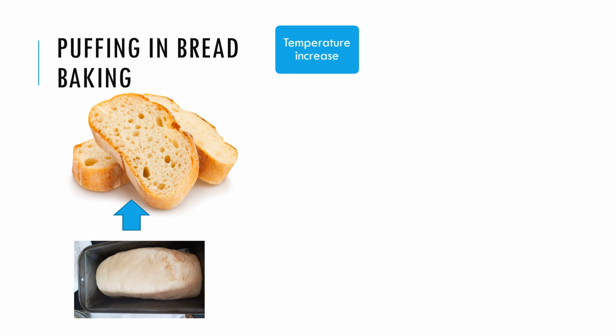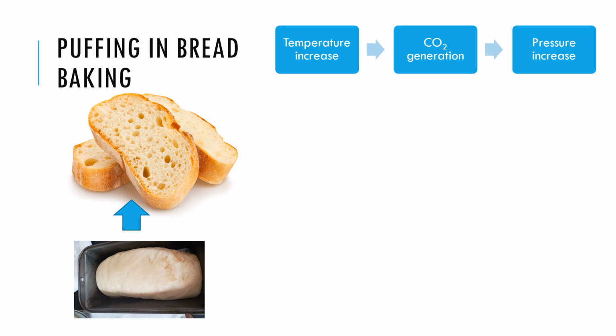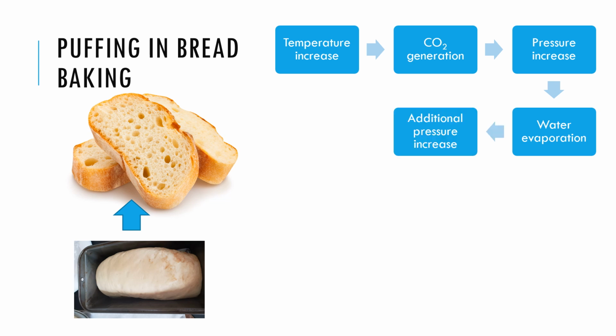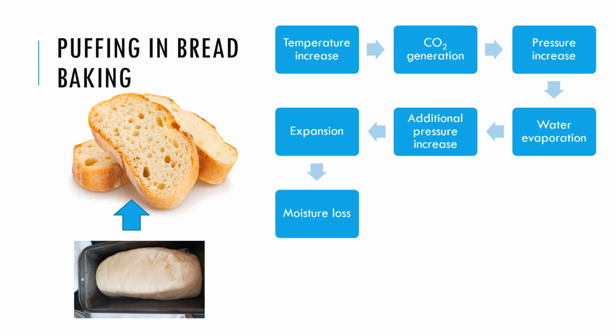As the temperature increases, we have more CO2 generation, pressure increases, there is more evaporation with increased temperature. So the water vapor plus CO2 produces the pressure, and that makes the dough expand.